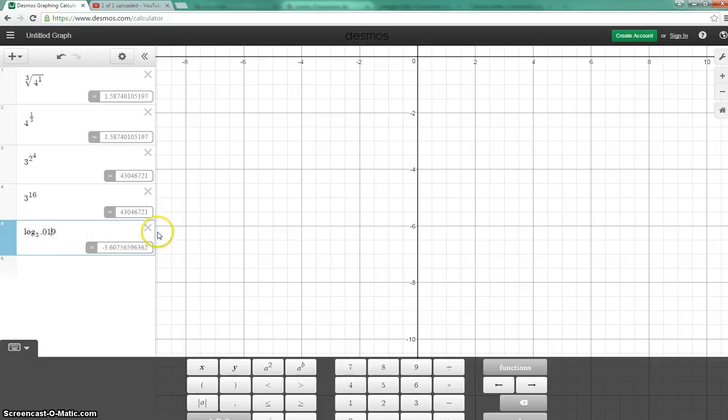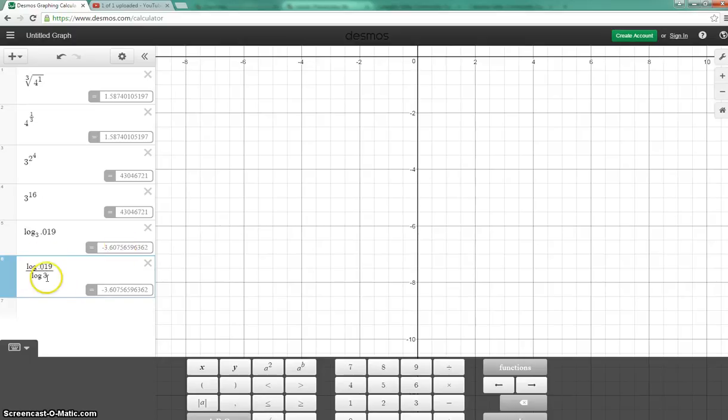We don't need a change of base formula, but the change of base formula says it's just log of whatever base you want it to be. So I'm going to say base 10, and type in 0.019. And if I divide all of that by log base 10 of 3, I get the same answer.